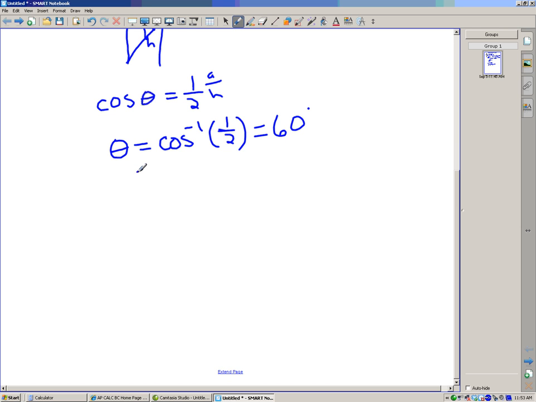This tells us that the angle that we can find the cosine of... I need to edit that, go back, hold on 1 second.